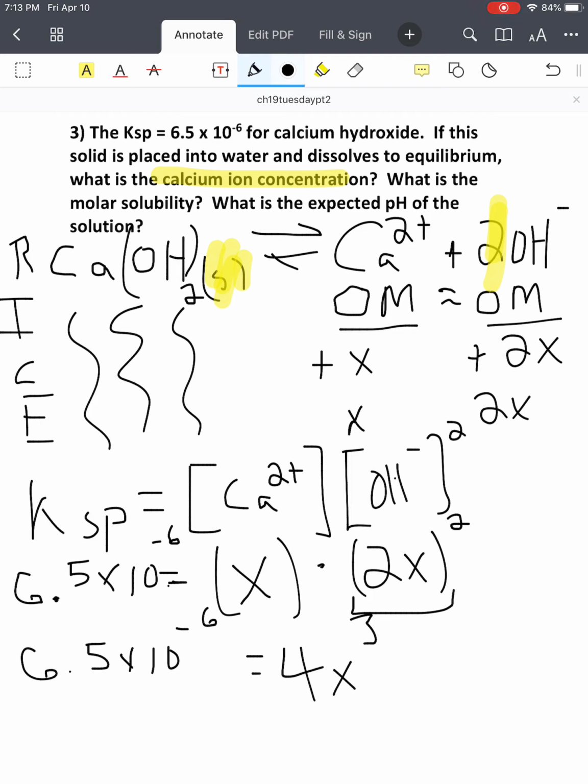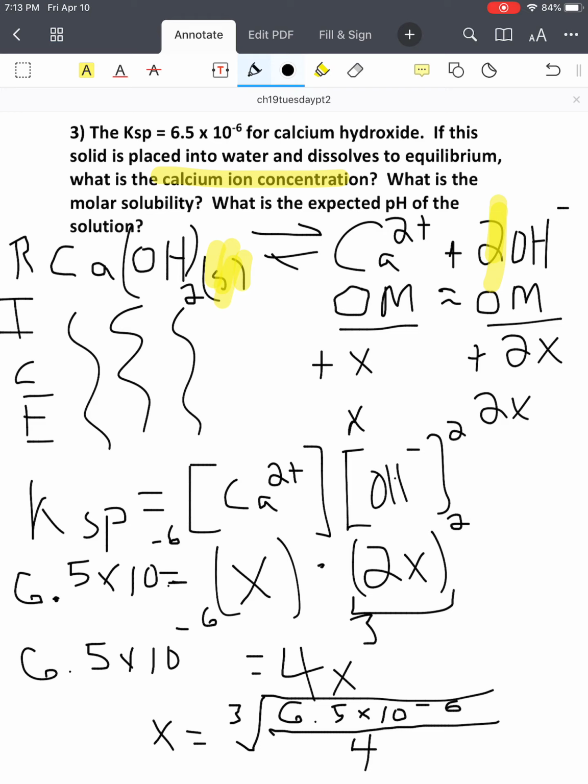So if I want to solve for x, it looks like x is going to be equal to the cube root of my KSP, 6.5 times 10 to the minus 6, divided by 4. So you take the KSP, divide it by 4, and take the cube root, not the square root, but the cube root.